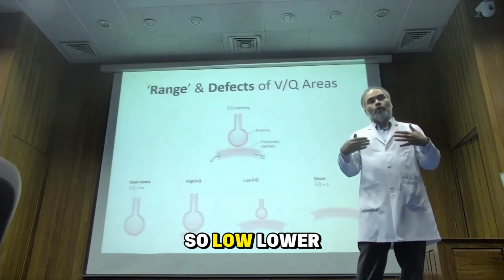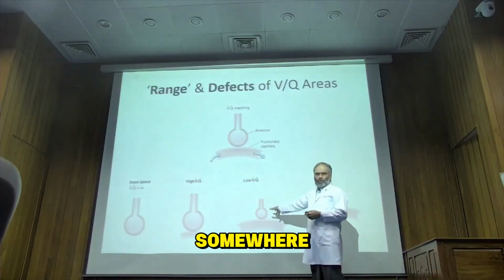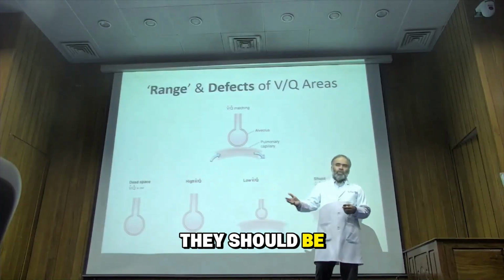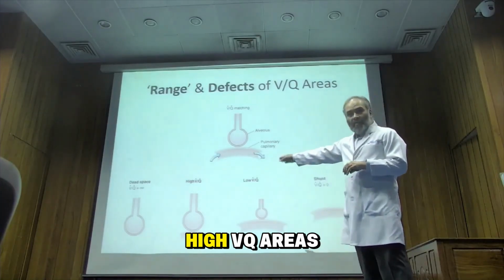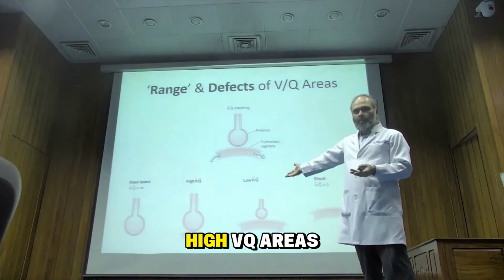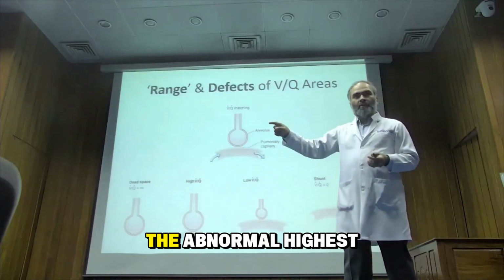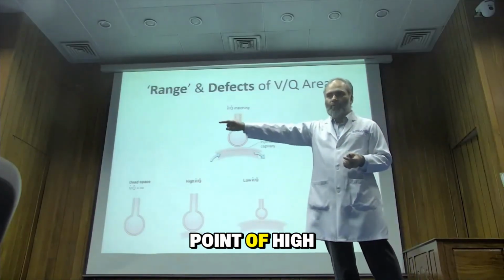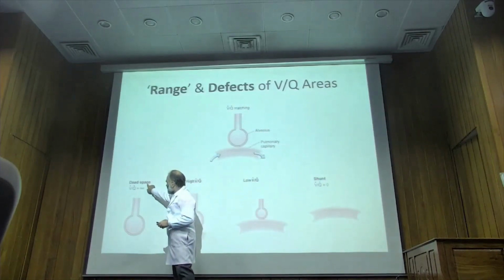So lower areas of the lung are here somewhere. They should be labeled as low VQ areas. Then you should have high VQ areas, and there are high VQ areas. We know this now. But what is the highest point, the abnormal highest point of high VQ areas? We call it, we have a name for it, dead space.